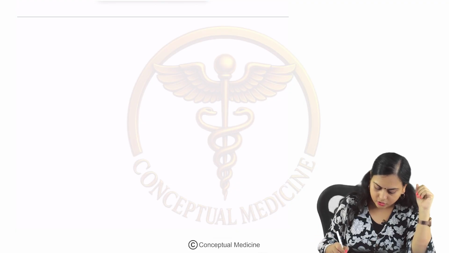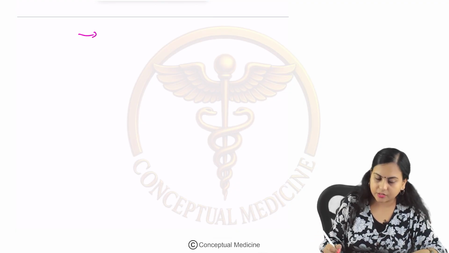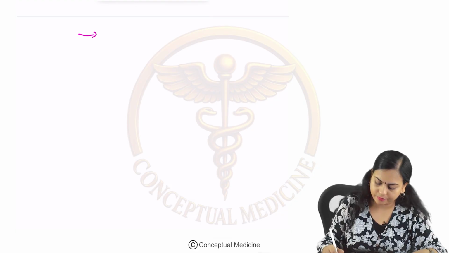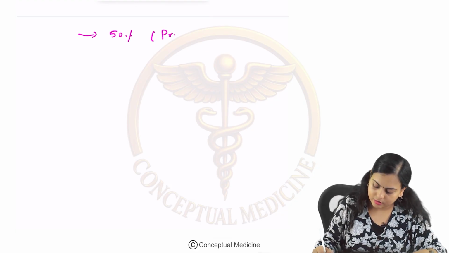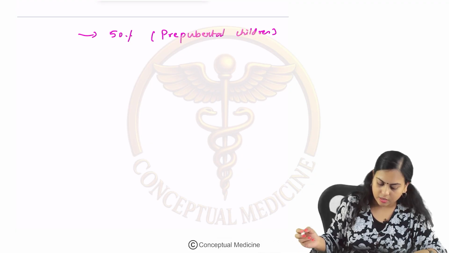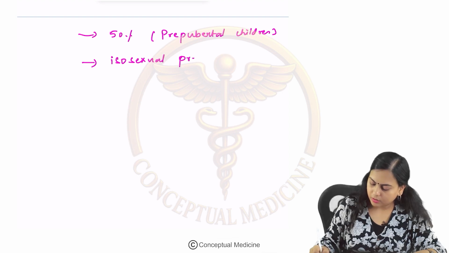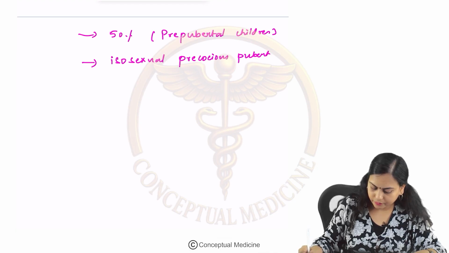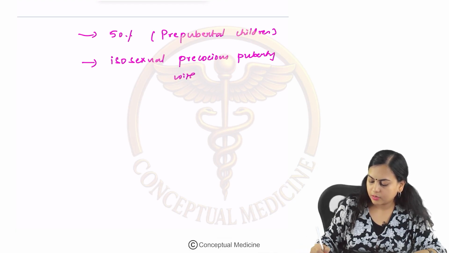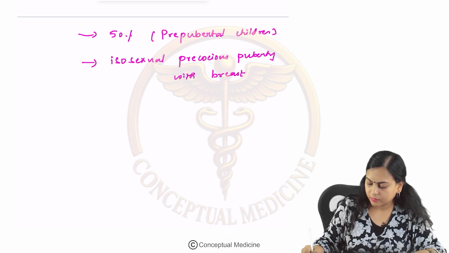This tumor type is usually admixed with other neoplastic germ cell elements, and 50% of them will occur in pre-pubertal children. So they will show isosexual precocious puberty with breast development.